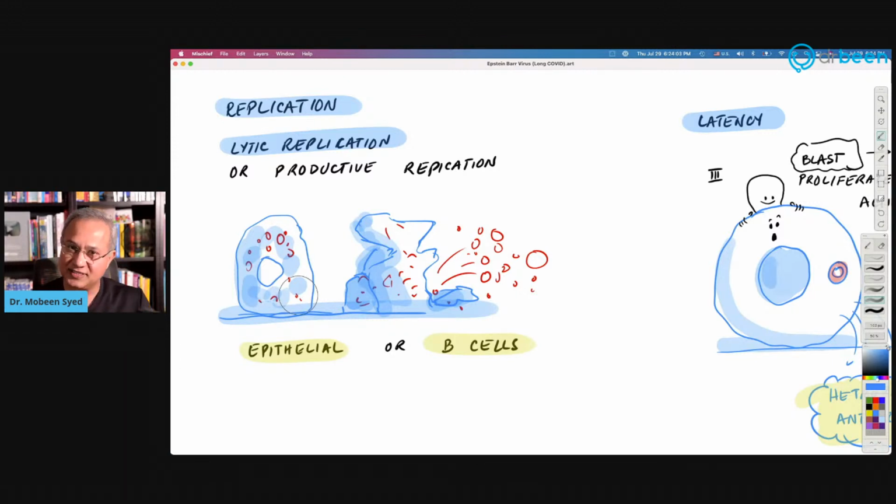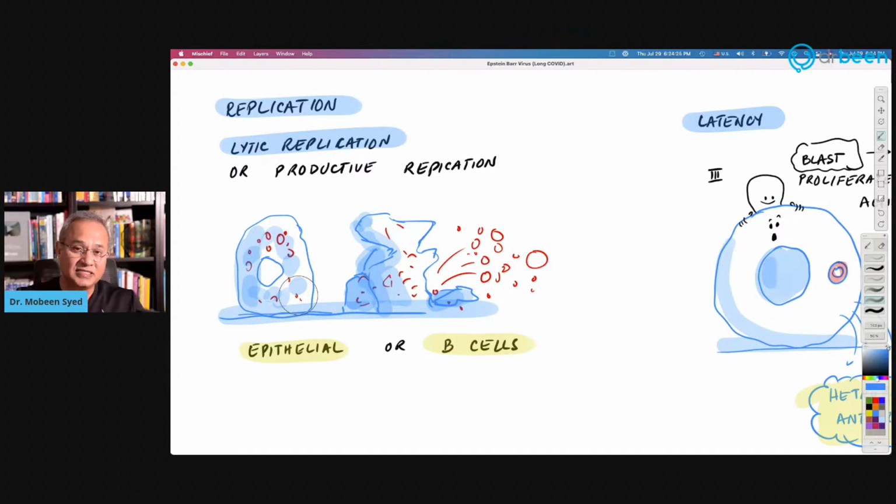The only interesting thing is that when the virus infects the epithelial cells, it can start lytic replication right away in them. So that means it would start damaging the tissue right away. But in the B cells, it cannot start lytic replication right away normally.